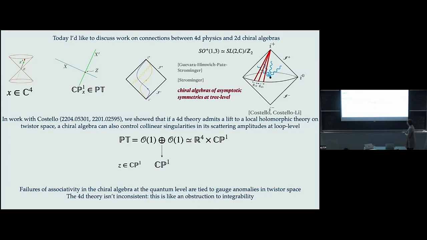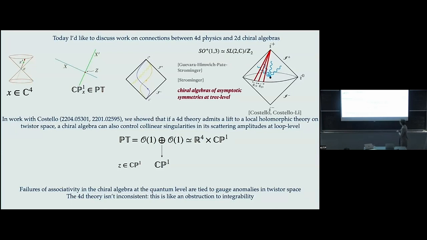But rather, you should think about this as an obstruction to integrability of the four-dimensional theory. So when the four-dimensional theory is integrable, that's sufficient to construct a nice associative algebra, a chiral algebra of asymptotic symmetries, even at the quantum level. And it enjoys associativity axioms.